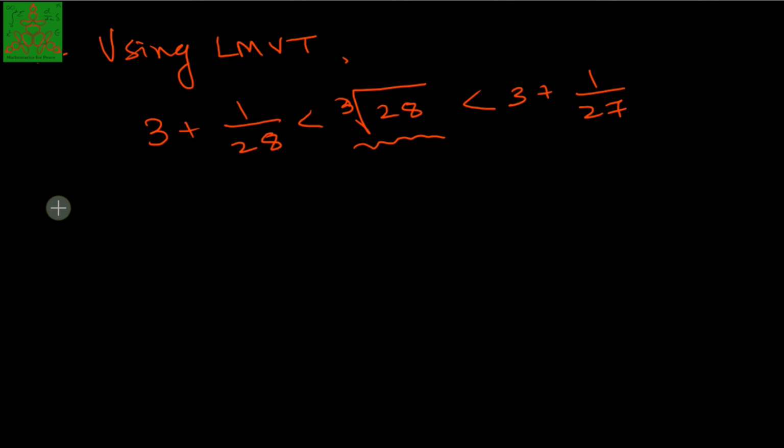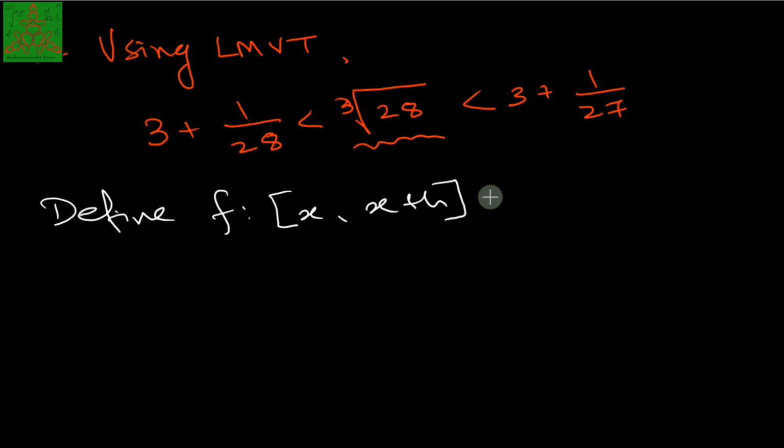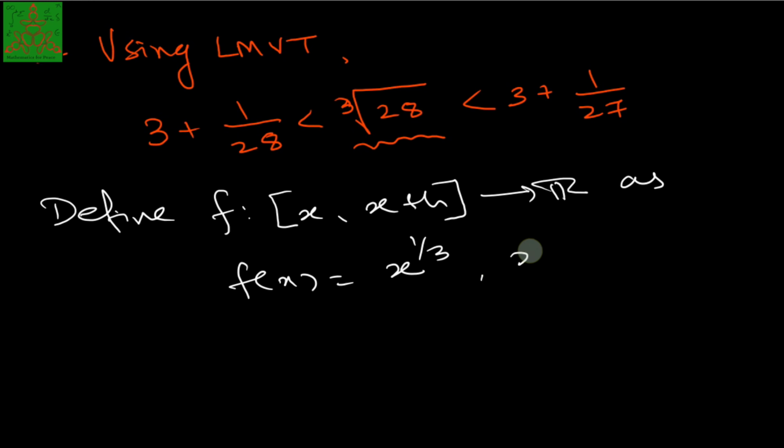So let us define a function f from x to x plus h to R as f of x is equal to cube root of x for every x in this interval x to x plus h. Because cube root of 28 is given to us, that will suggest that this has to be a function.